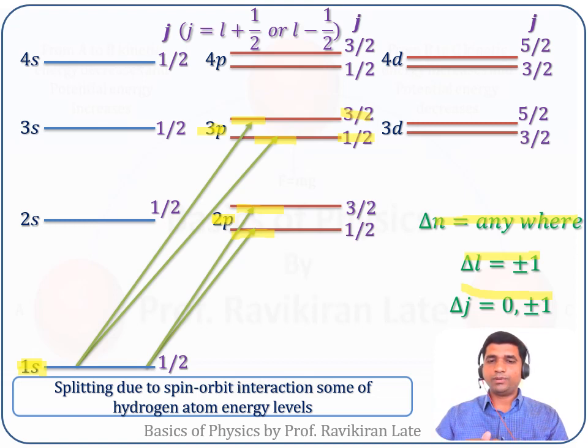I suggest you don't worry about the mathematics which we have worked out for the spin orbit interaction energy calculation. No one will ask you that much rigorous mathematics in the exam. But for your understanding, being a physics student, you should know how these results are derived. So for the sake of simplicity, for your understanding, for your knowledge, I have shown those calculations here. I hope you have understood.